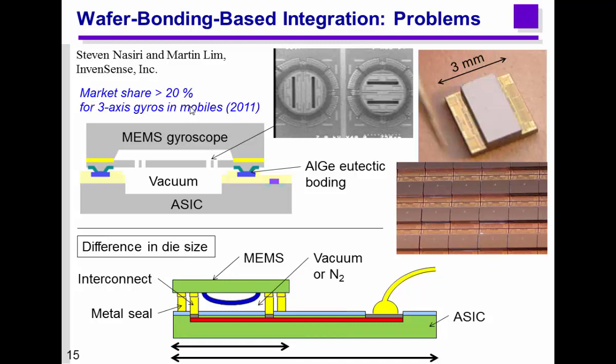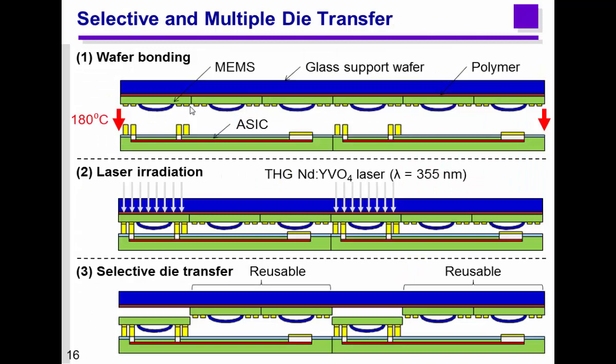So to solve this problem, we developed this kind of selective die transfer technology. The MEMS was fabricated on the wafer, and it is supported by the glass wafer with polymer adhesive. And this is an ASIC wafer, and a bonding part made of, in this case, gold was fabricated.